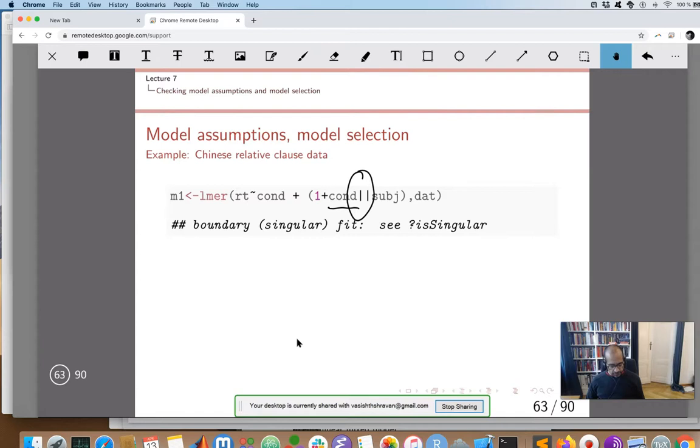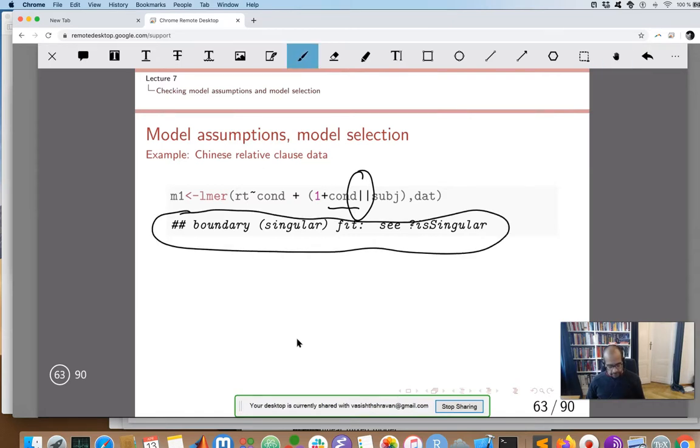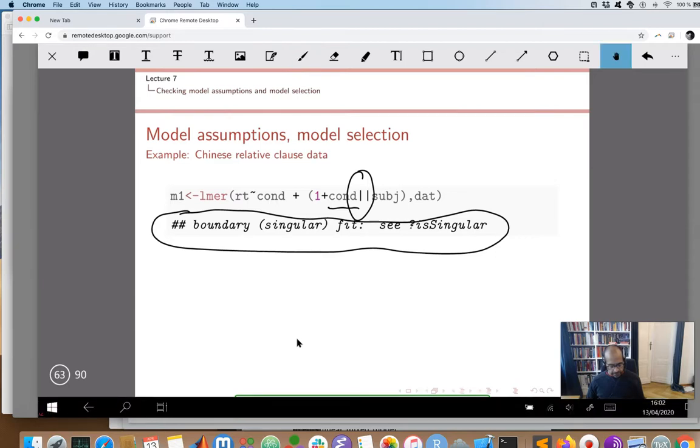When I fit this model, I get this weird complaint from lme4, which is telling me that I have a singularity. So what this is actually telling me is that the variance-covariance matrix cannot be inverted, right? So that's the problem here.